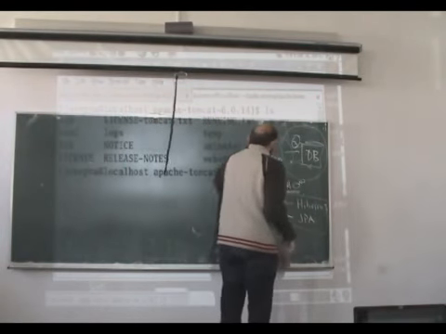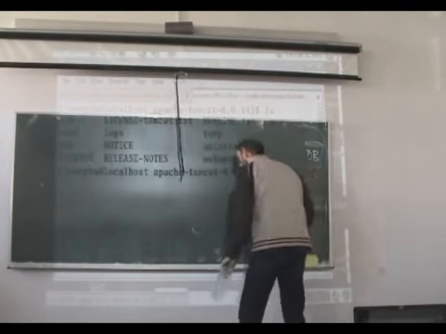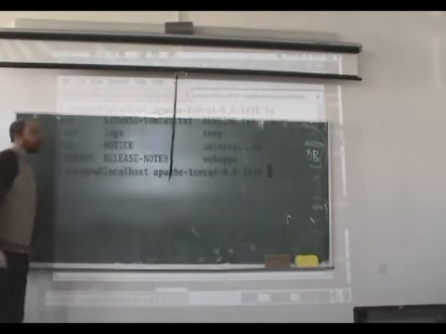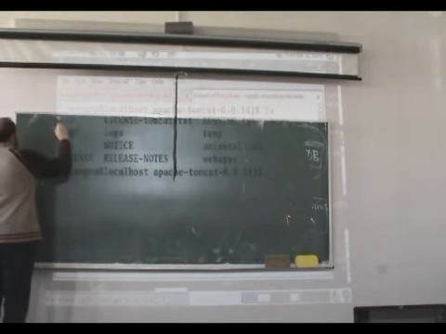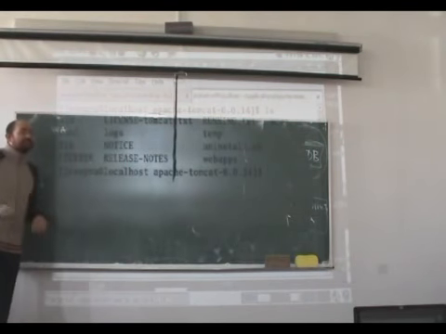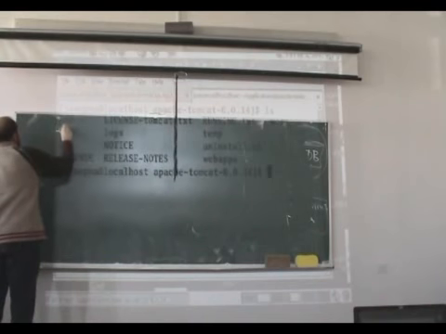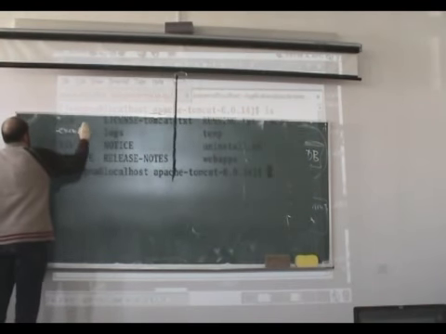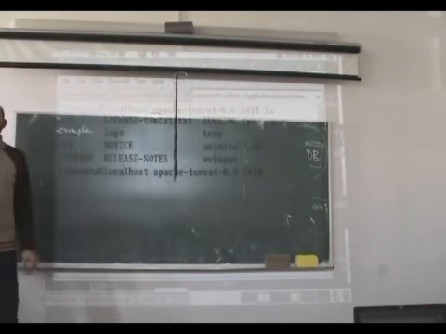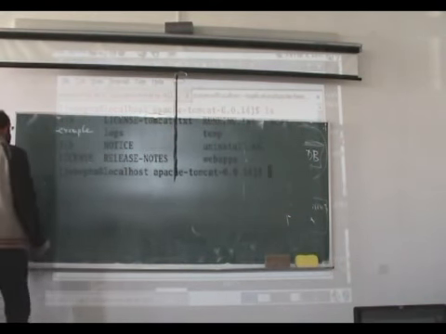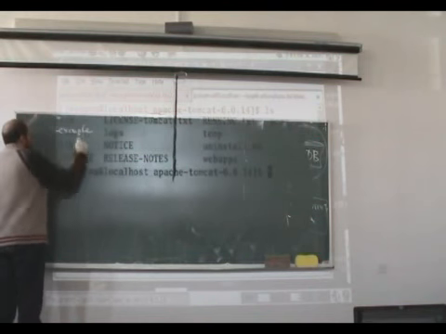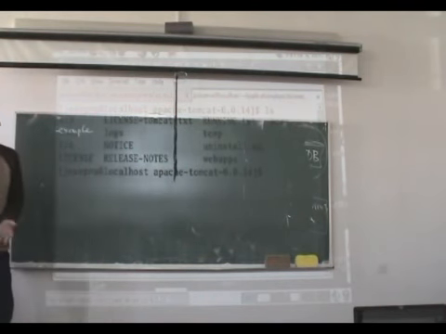Let's try to answer first of all a question. That question would be, what is the structure of a web application? Let's imagine that our web application is called example. So, example, how is it structured?